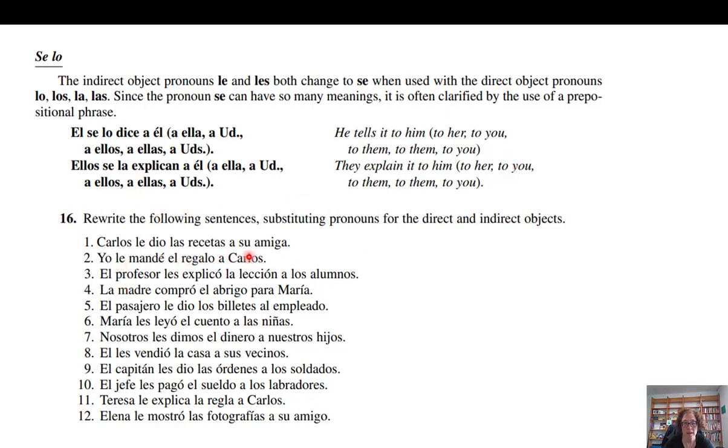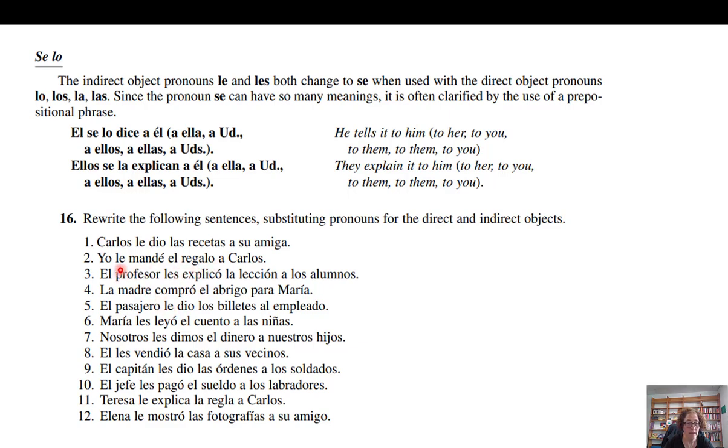So Carlos le dio la receta a su amigo, a su amiga. To say Carlos gave them recetas, recipes, to her, we need to go Carlos se las dio. Se las dio. El regalo is next.